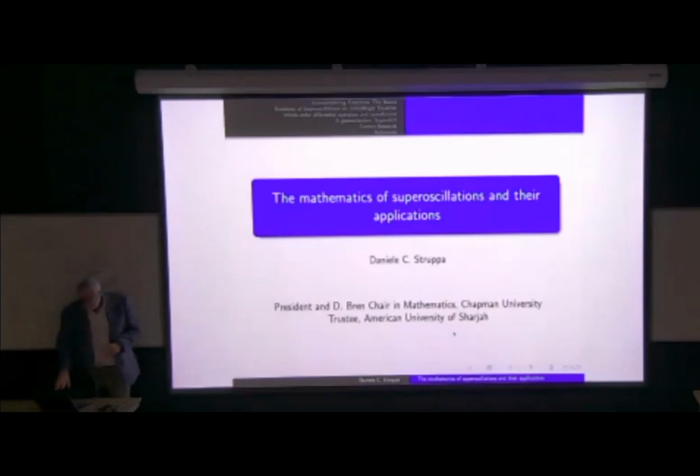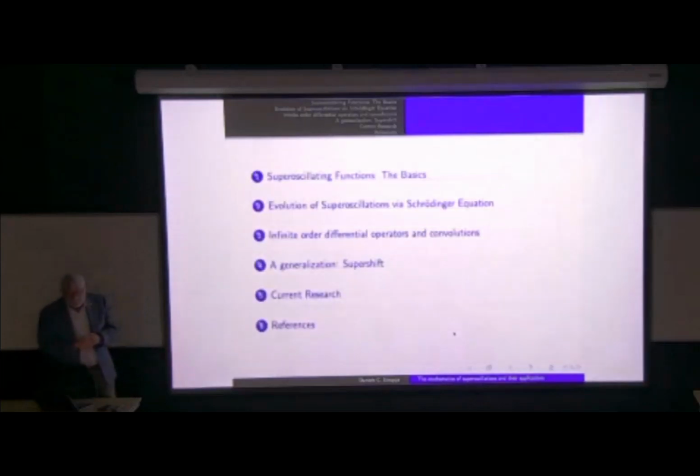So what I'd like to do is first of all describe what super oscillations are, the basic ideas. Then I'm going to look at the first important problem that we looked at when we were given this topic to analyze, and that was how do super oscillations evolve when we take them as an initial value for a Schrödinger equation.